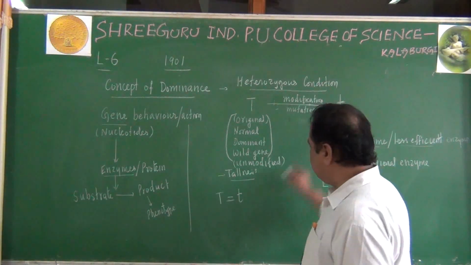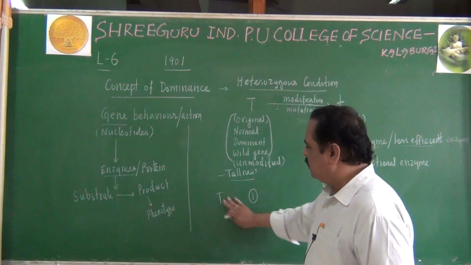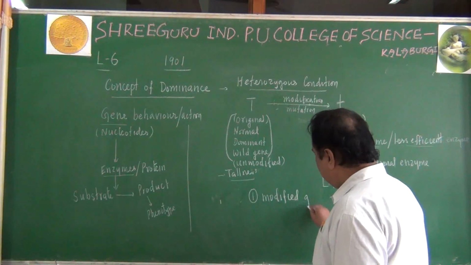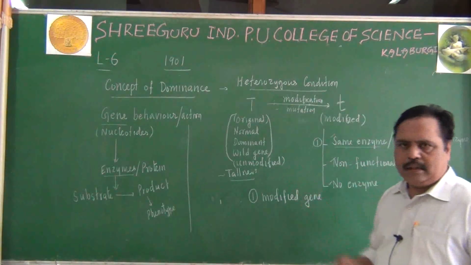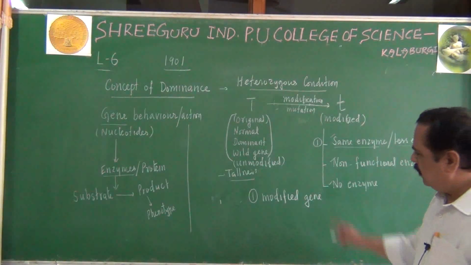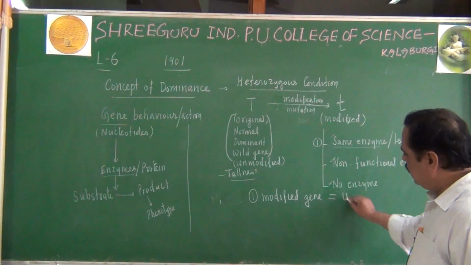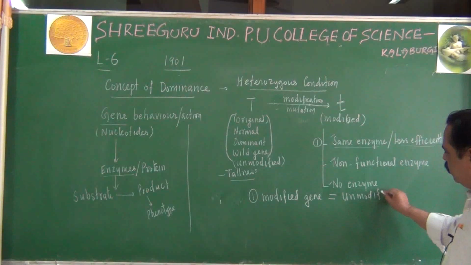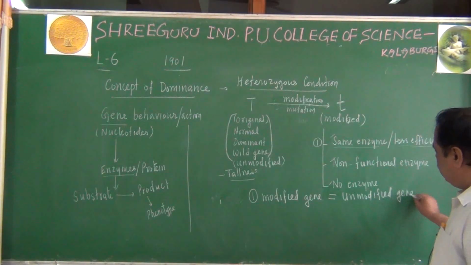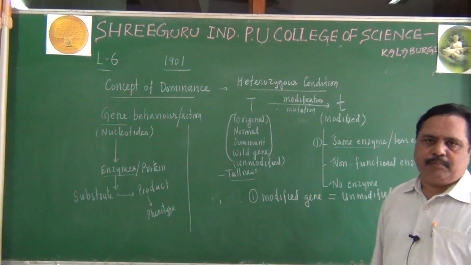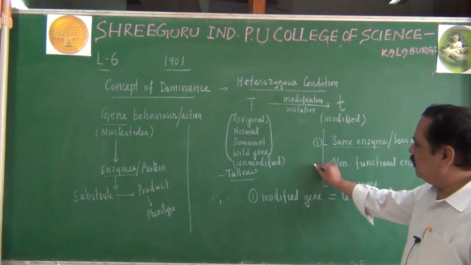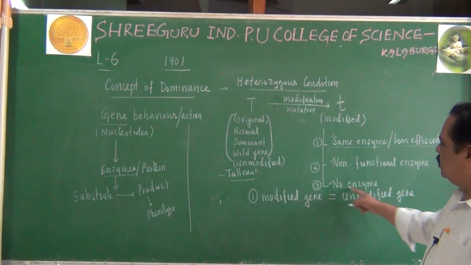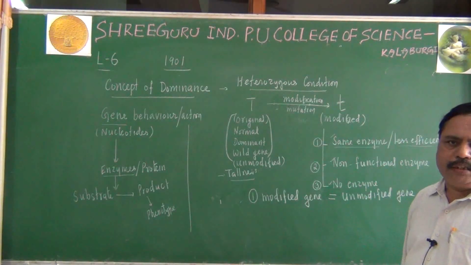In the first case, both the modified gene, or modified allele, and the unmodified gene, that means the original one, are the same. Alleles are basically genes only. Suppose it is of the second or third type, where there is no functional enzyme.